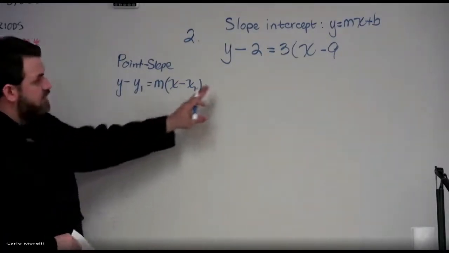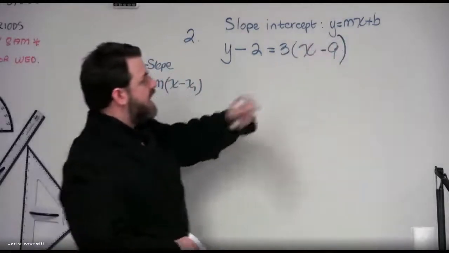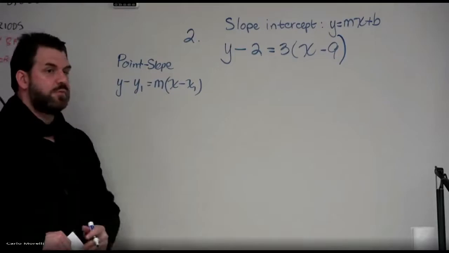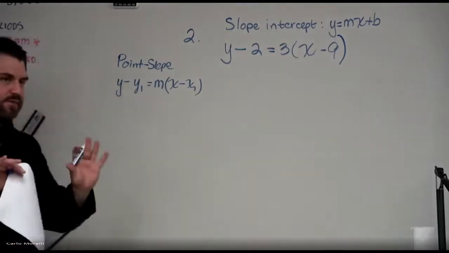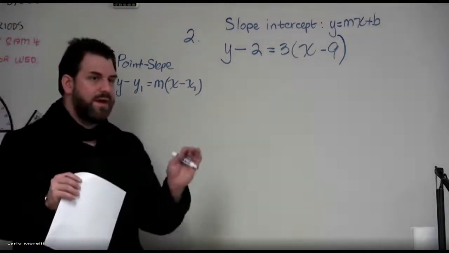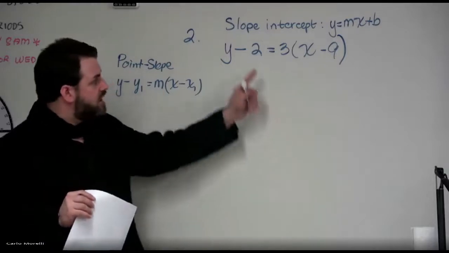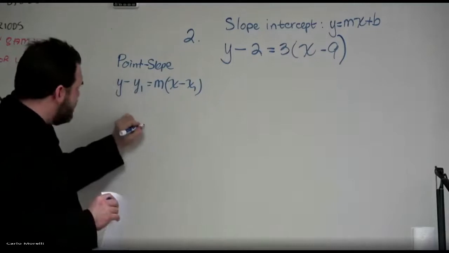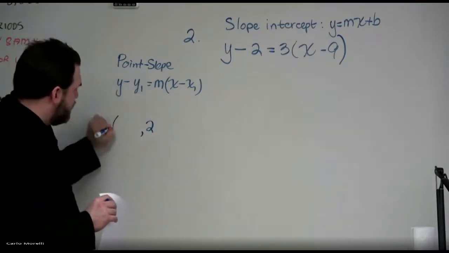You can actually look at this equation up here and tell me what the original points were. All right, think about it for a minute. It's y minus y1. So y minus 2. Therefore, the original y value must have been 2 that they used.